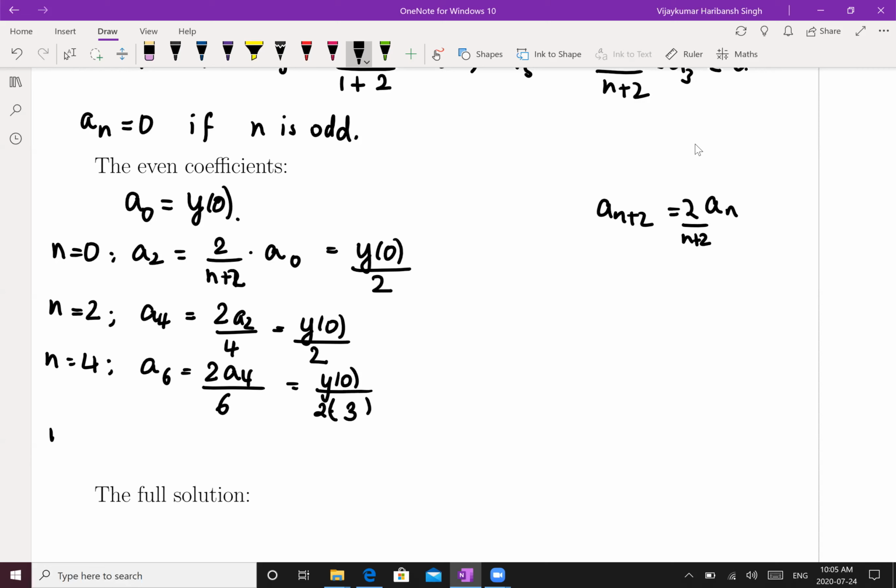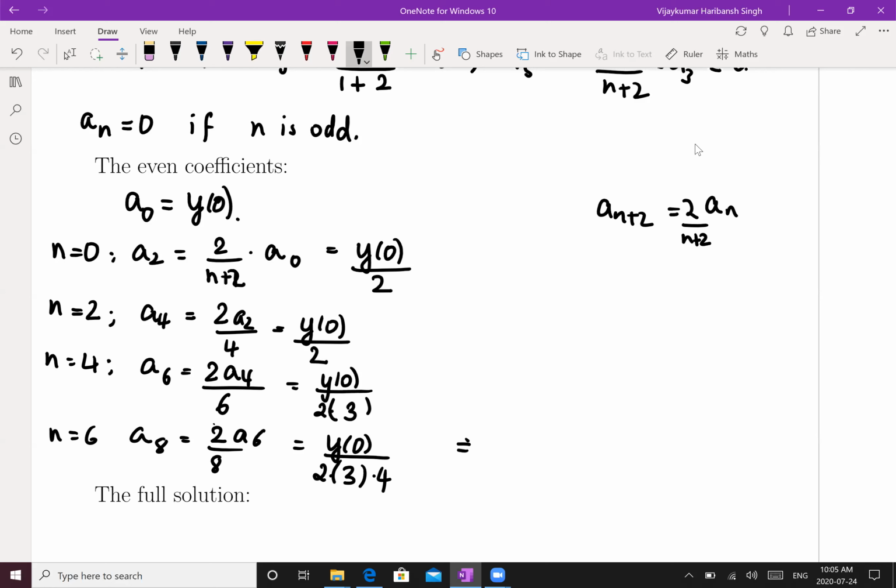So when n is 6, you get a of 6 plus 2, which is a8, equals 2 a6 divided by 8, which is going to be y0 over 2 times 3 times 4.